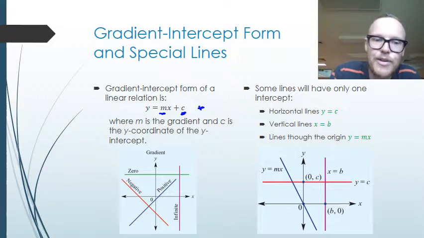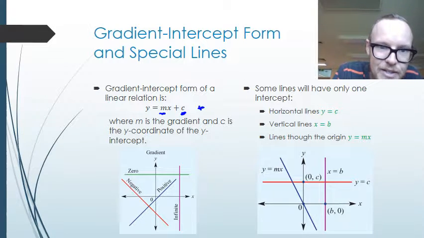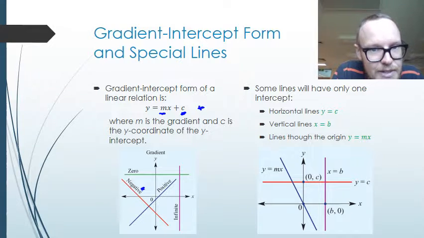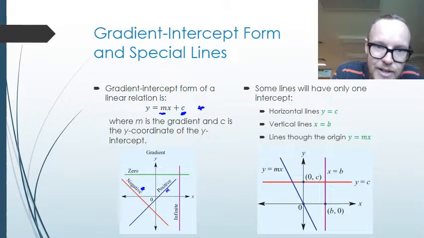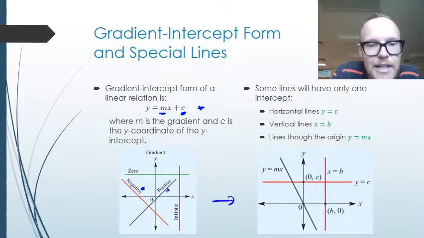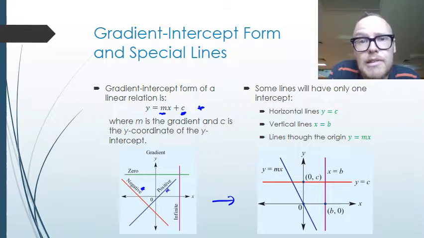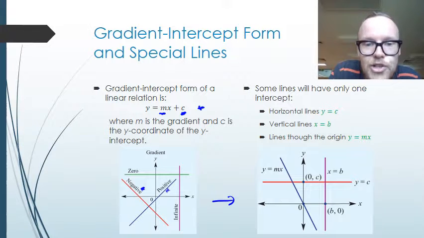So remember, I've mentioned it before, a negative gradient is going to be decreasing as the x values increase. A positive gradient is going to be increasing as the x values increase. So as the x values go up, if we read from left to right, you can see it increases in the y values. A zero gradient is going to be non-changing in the y values, so you can see that the y value doesn't change.